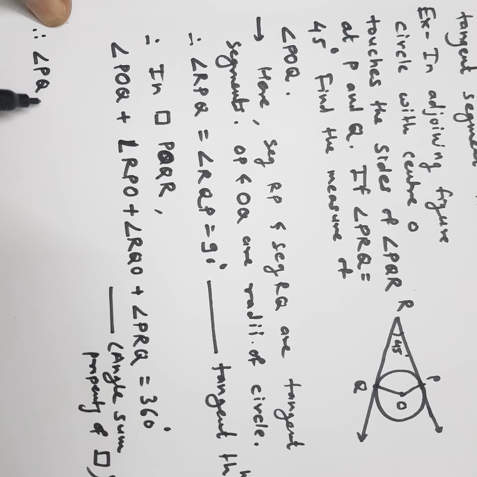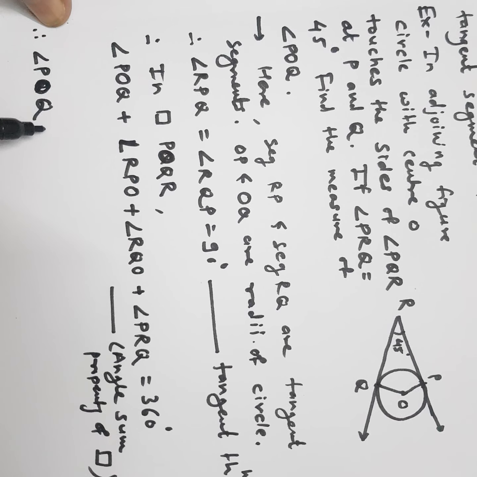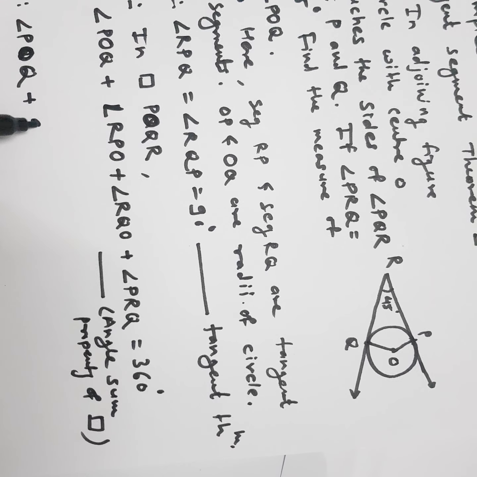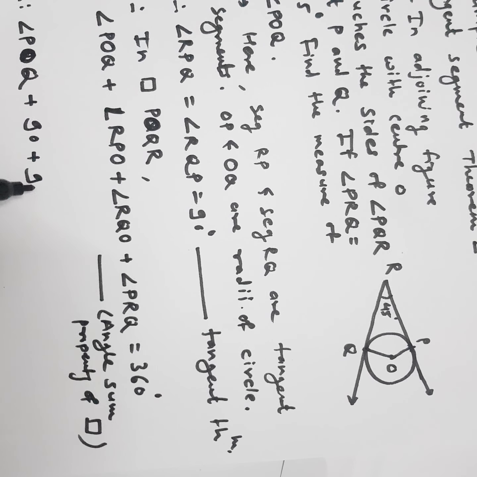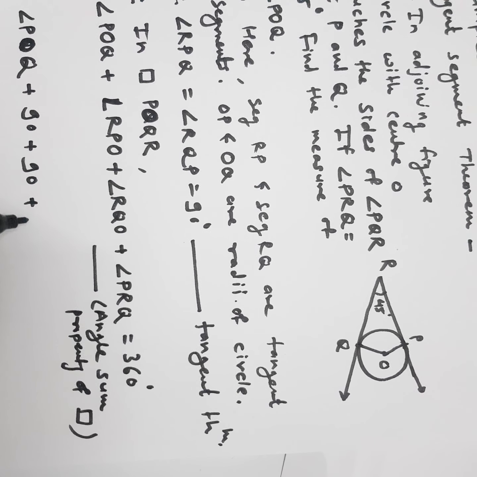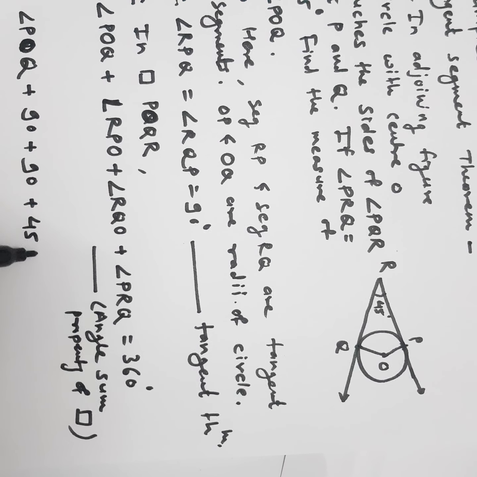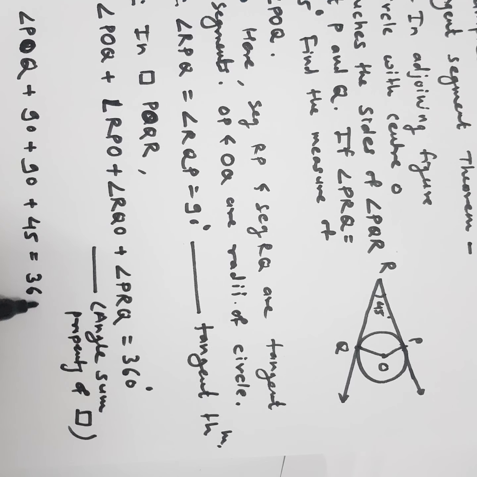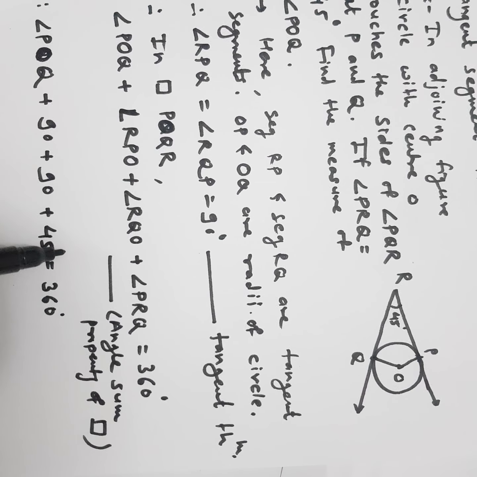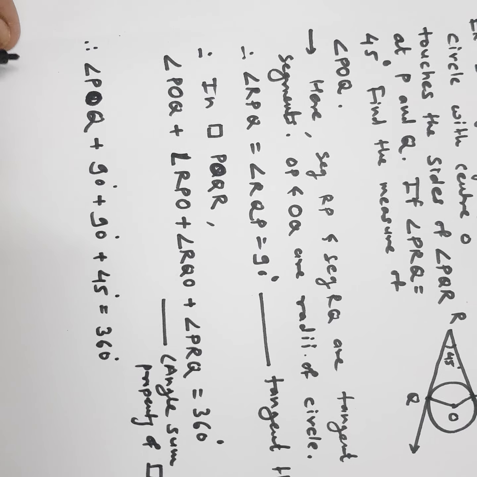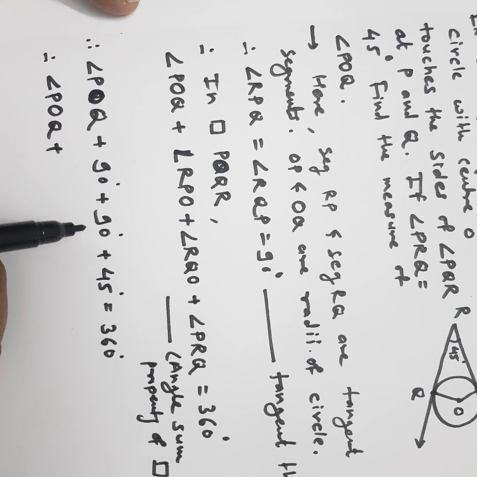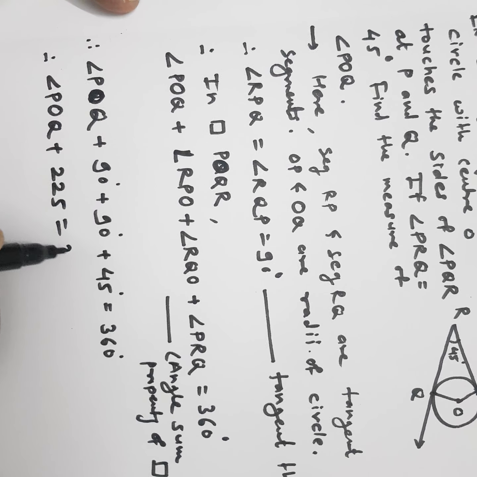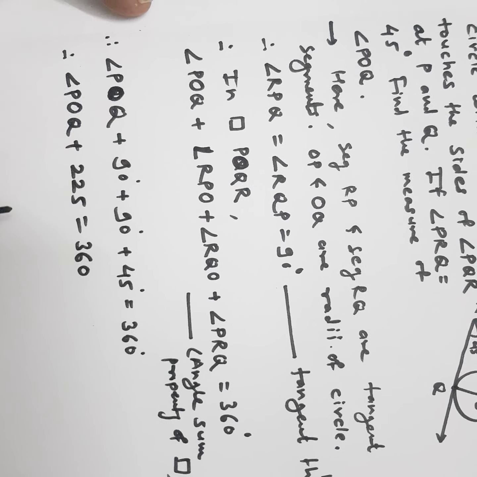Here we know some values. We have to find angle POQ; angle RPO is 90 degrees, angle RQO is 90 degrees, and angle PRQ is given as 45 degrees, and the sum is 360 degrees. Therefore, angle POQ plus 90 plus 90 plus 45, that is 225, is equal to 360.